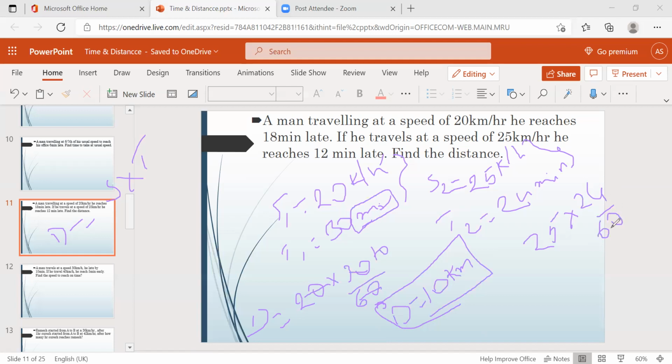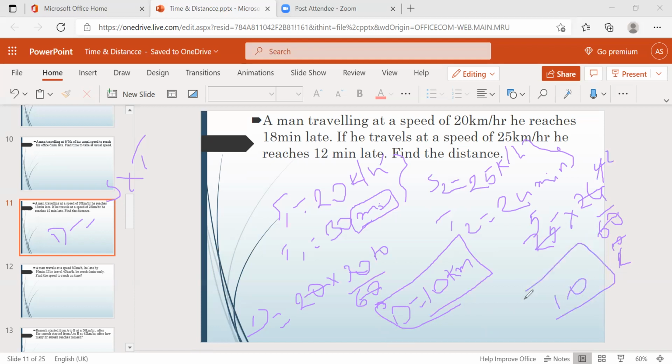Now you can calculate: 6 fives are 30, 6 tens, 6 fours, 5 twos, 5 fives. 5 into 2 is 10.